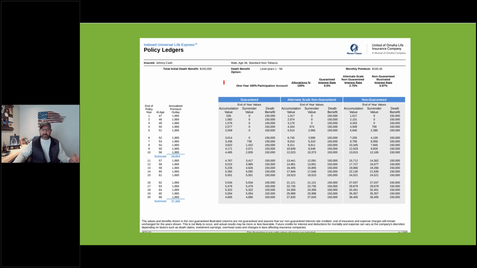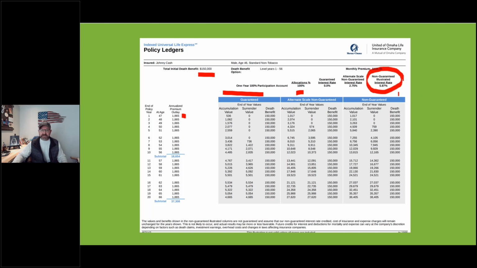So we've got Johnny Cash, age 46, $150,000 death benefit, $155 a month, which is $1,865 in annual premium at target premium. This shows you the guarantee, which is assuming that the stock market stays zero for the next 25 years. This is the midpoint, but this is the point. This is the column to the far right, which is the non-guaranteed illustration rate.